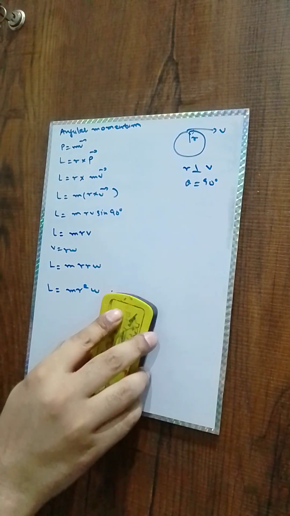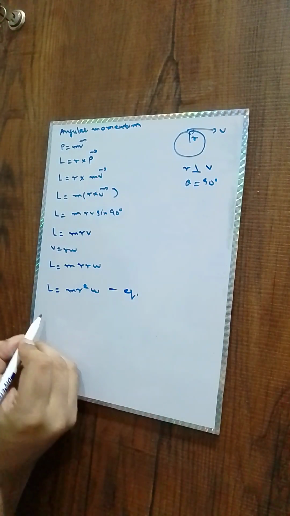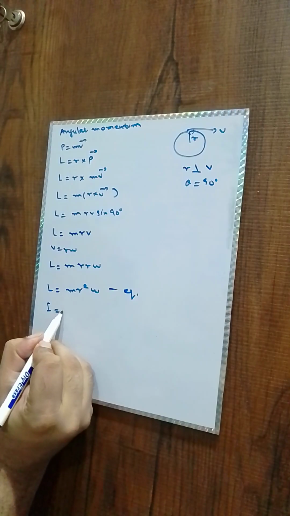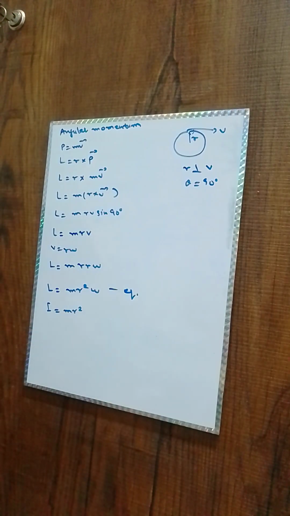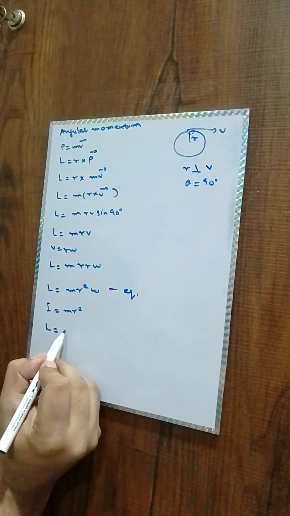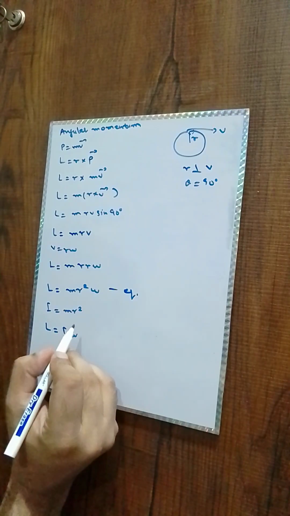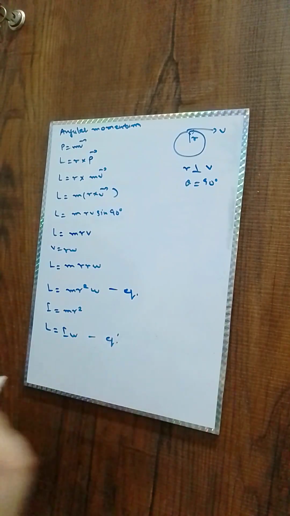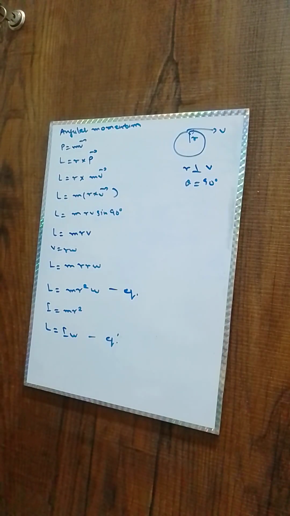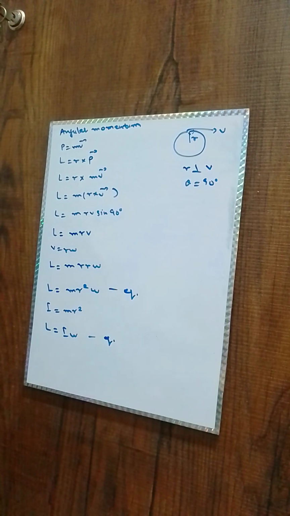But there's a little bit more to it, as I is equal to m r square, which is the moment of inertia, the product of mass and the square of radius. So the angular momentum could very well be I omega, the moment of inertia into the angular velocity. So this is the equation modified.